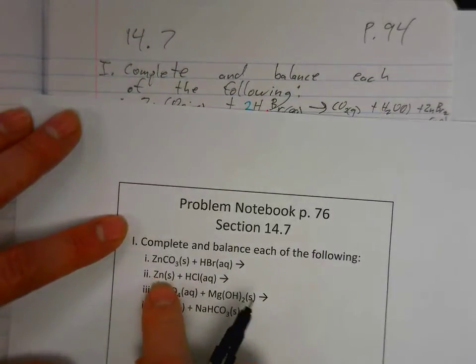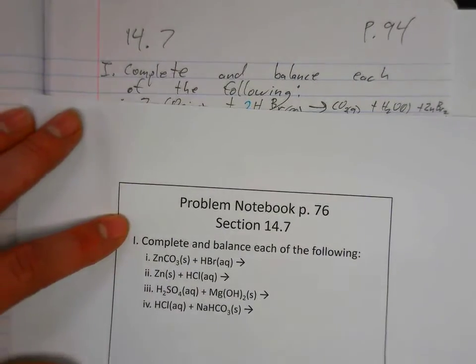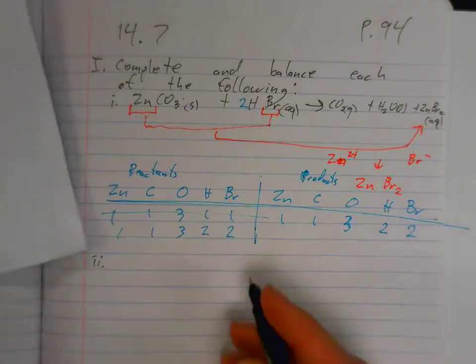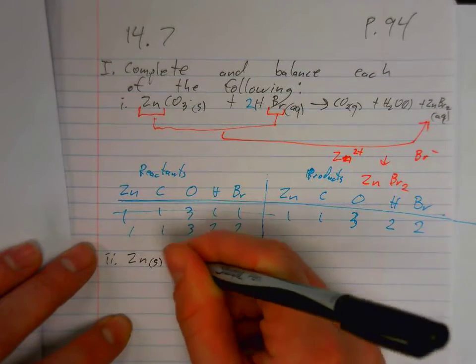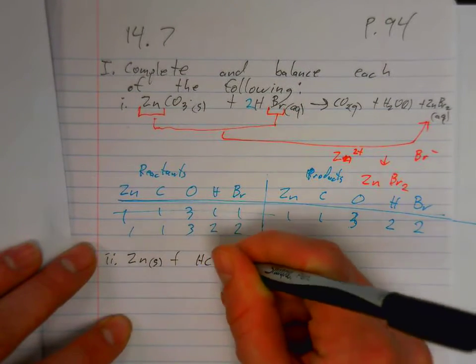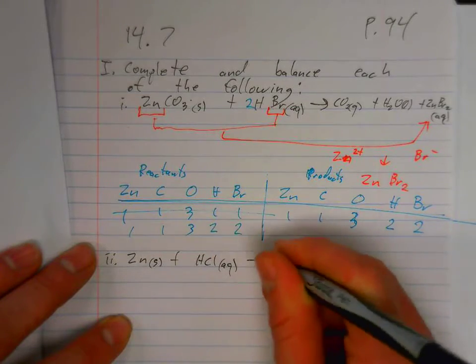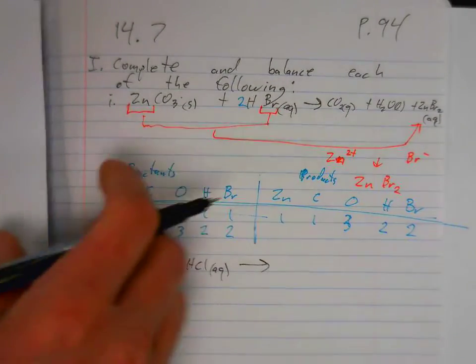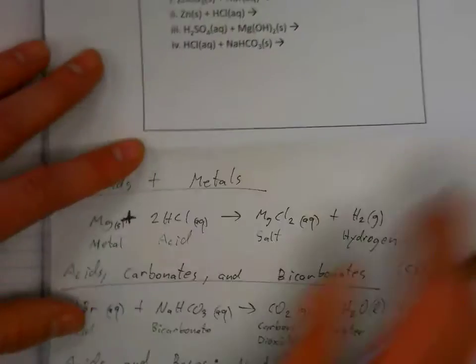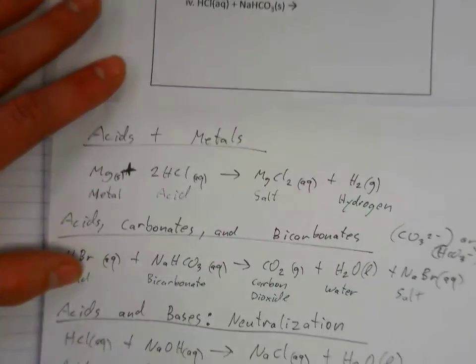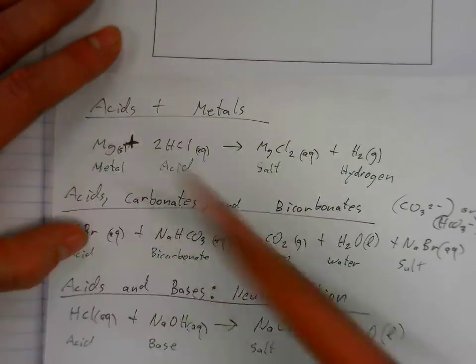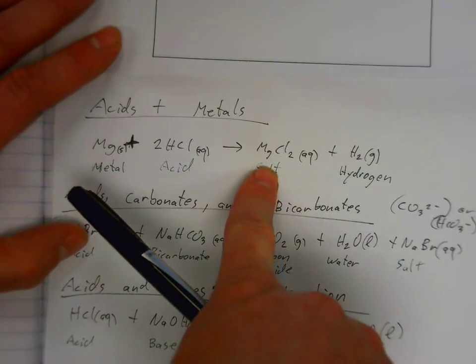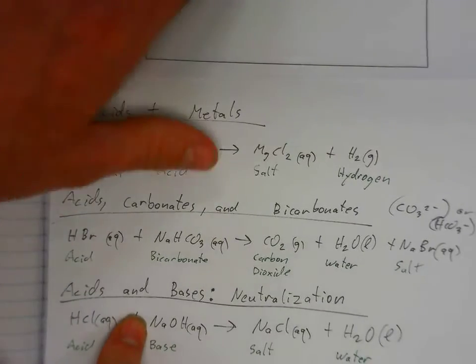So now we have zinc combining with hydrochloric acid, HCl. Based on our types of reactions, since we have a metal and an acid, we can predict it's this characteristic reaction that will produce a salt and hydrogen.